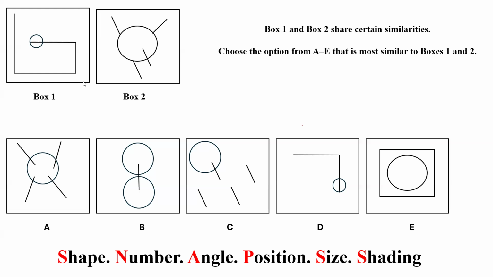So it can't be E. And next I realized that there's only one circle in box 1 and box 2, so it couldn't be B either.